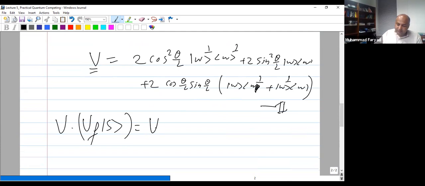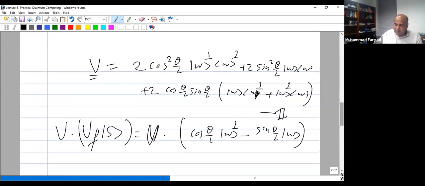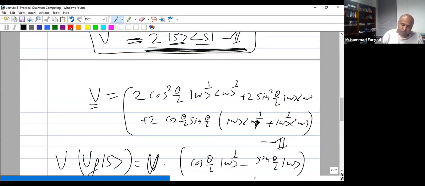This UFS state, if you recall, was cosine theta by 2 W perpendicular minus sine theta by 2 W. Now, once you substitute this operator V here and multiply all the terms, you only have to remember one thing: that <W|W> is 1, <W perpendicular|W perpendicular> is 1, because we constructed W perpendicular as a normalized state, and <W perpendicular|W> is 0, because these are orthogonal.